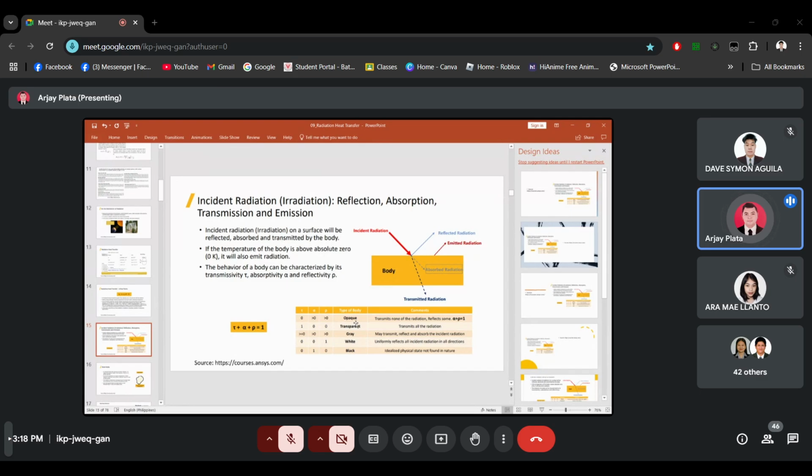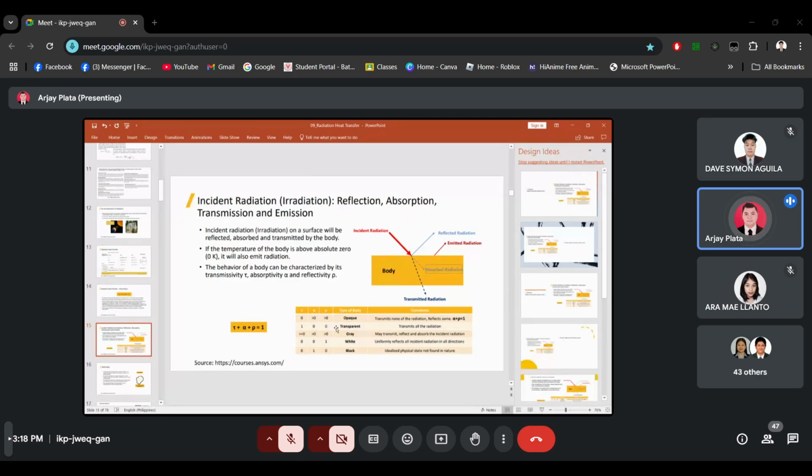Next one is transparent. It transmits all the radiation, so tau is equal to 1, and we have 0 absorptivity and reflectivity. Next is the gray type of body or gray surface. It may transmit, reflect, and absorb the incident radiation, so the values of tau, alpha, and rho are greater than 0.